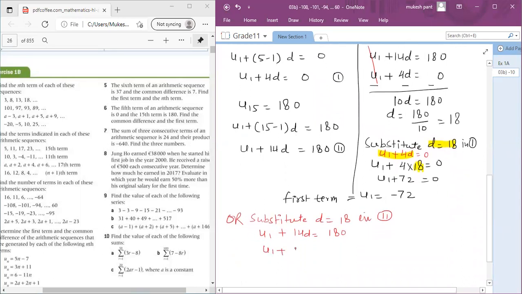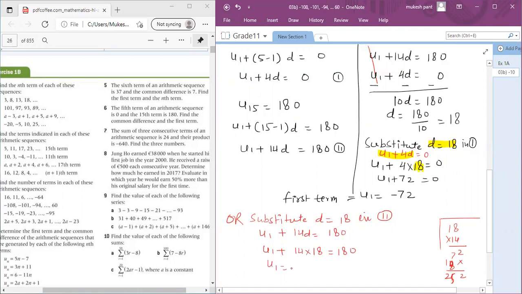We have to find u1, and 14 times 18 is 252.